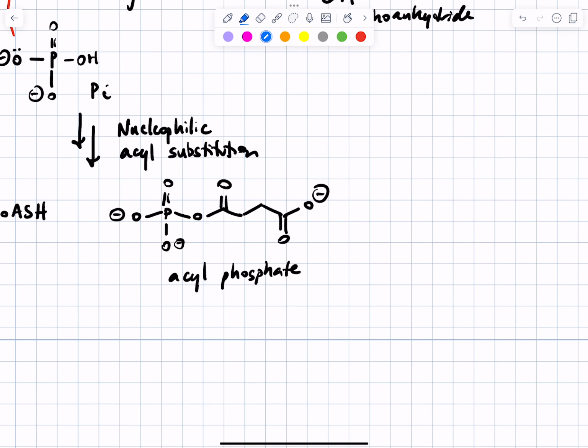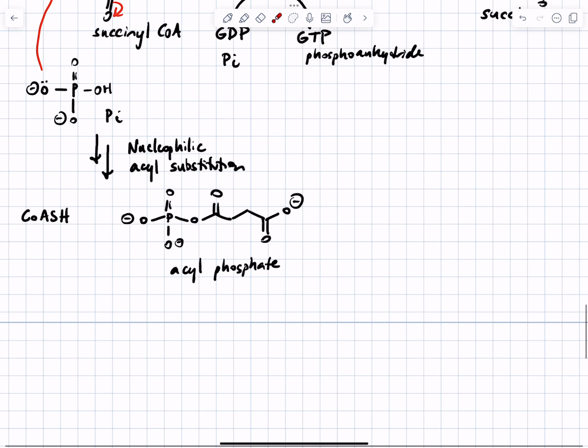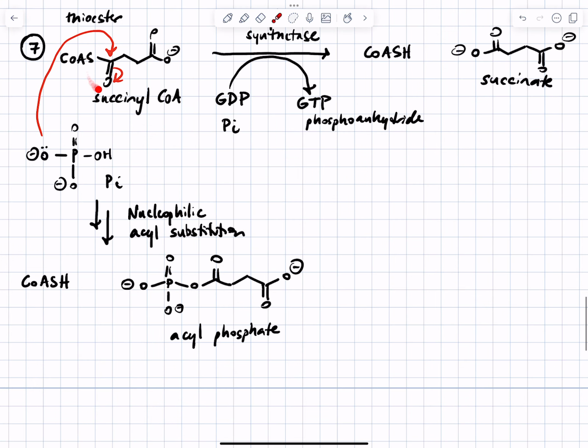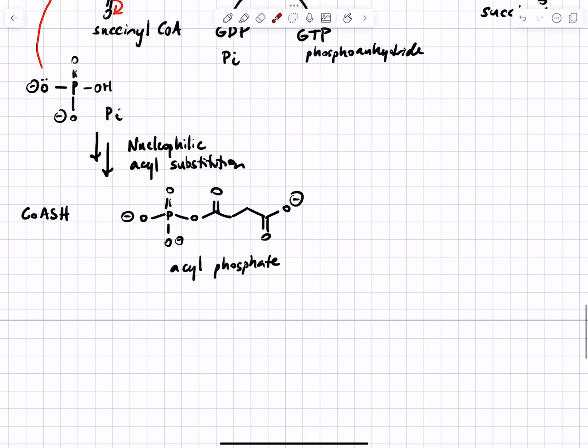The point really is that in the acyl phosphate, both the phosphorus and the carbon are electrophilic. If the coenzyme A thiol were to attack the carbonyl carbon, you would go back to starting materials.